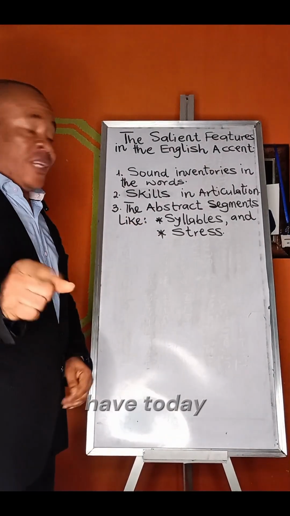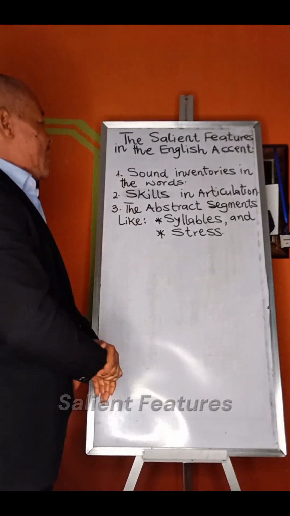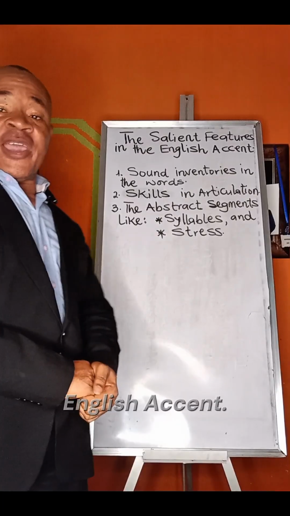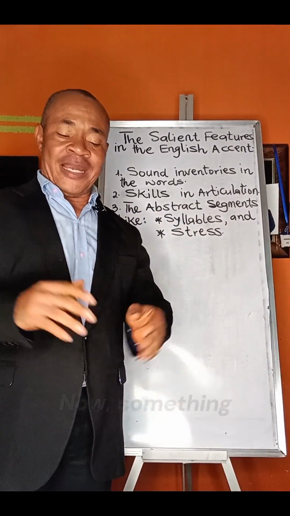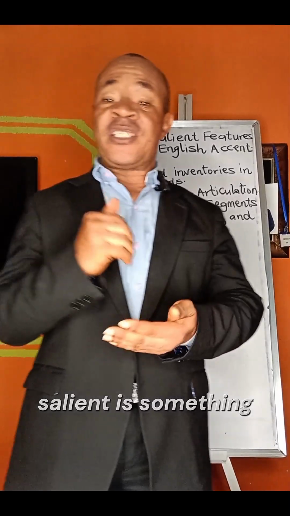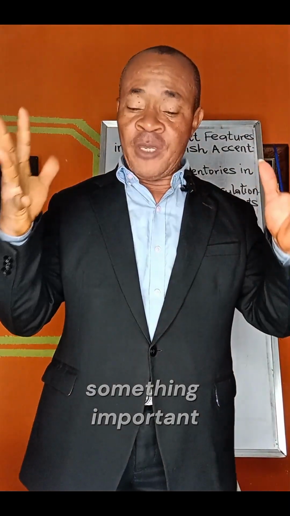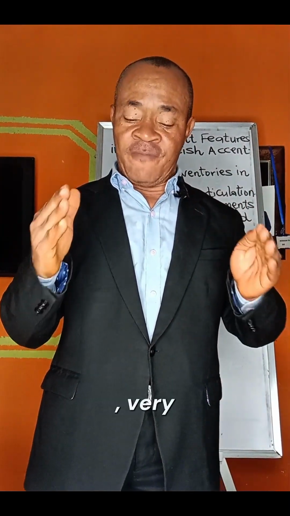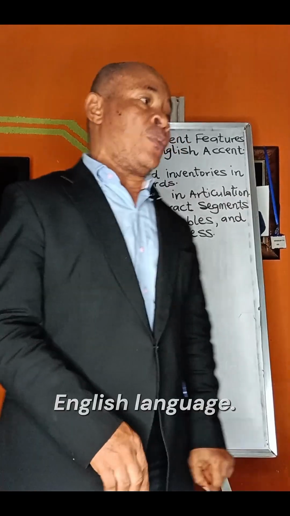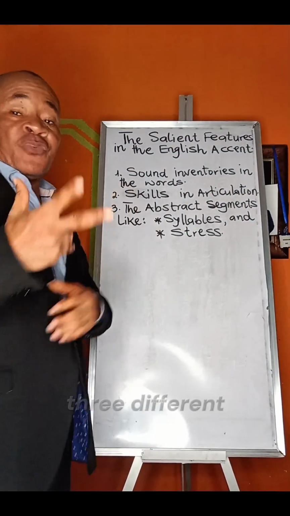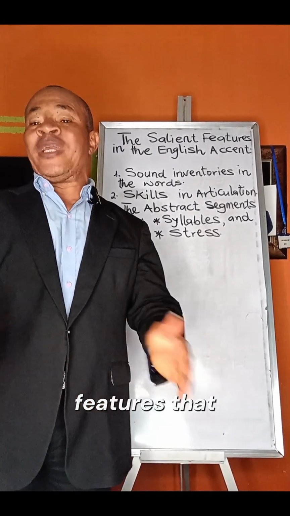So we have today the salient features in the English accent. Now, something salient, something key, something very important relating to the accents of the English language. We look at three different features that we have to consider.